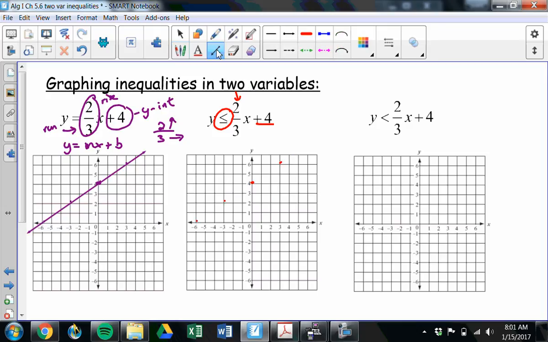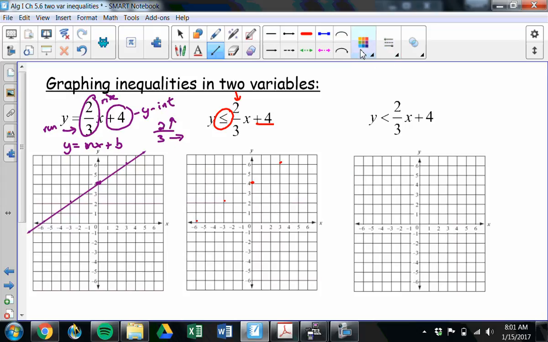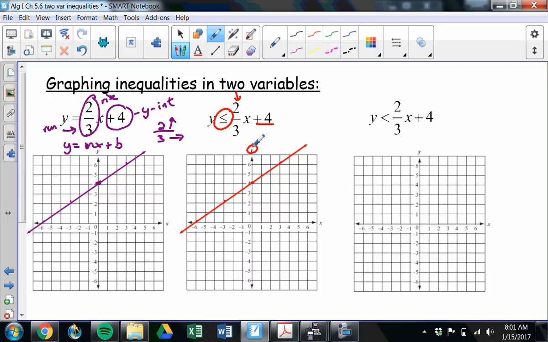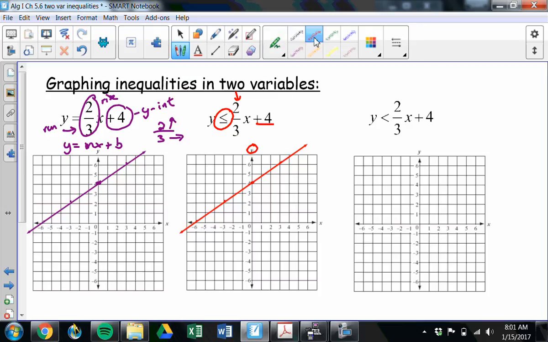And the graph is just going to be the same old graph, but we have to remember now the y values, meaning the stuff going up and down, the stuff on the y-axis, the y values have to be less than or equal to 2/3 x plus 4, which means everything below this line can also work. And there's this huge range of points that could also work.